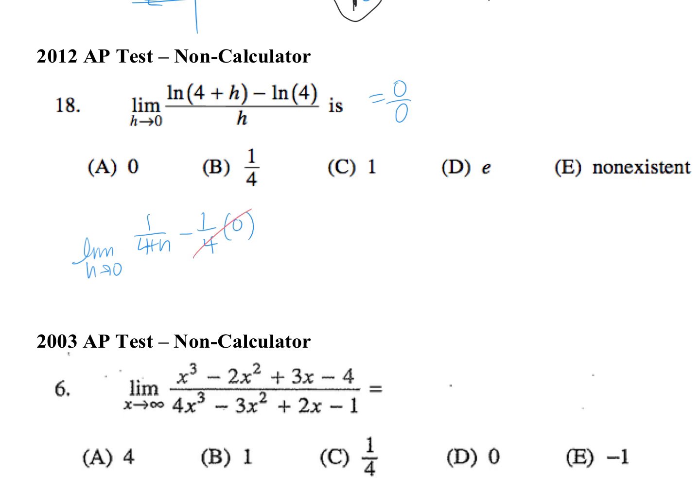Yeah, so this is just a constant, actually. Ln of 4 is just a number, so the derivative of that is going to just be 0. All over the derivative of h. 1. Guys, go plug in that h is 0. How much do we love Mr. L'Hopital? Wouldn't that just be 1/4?